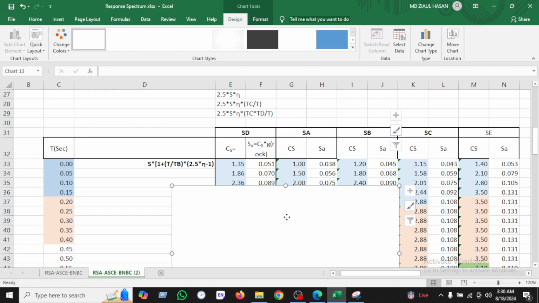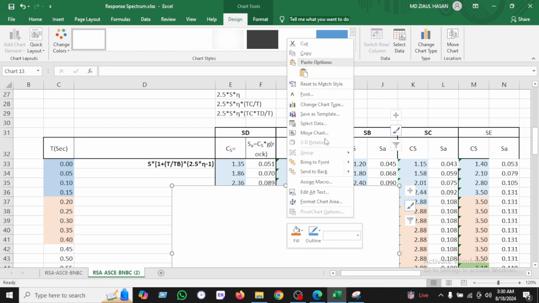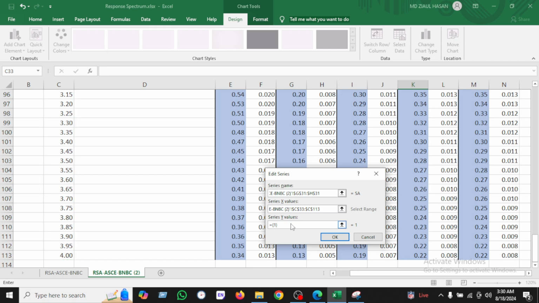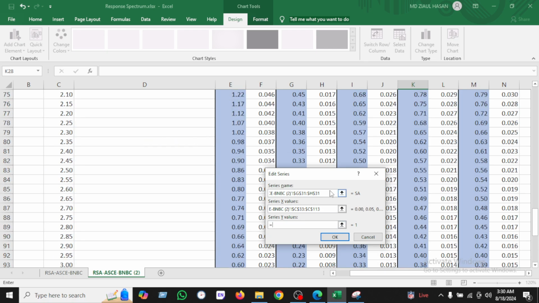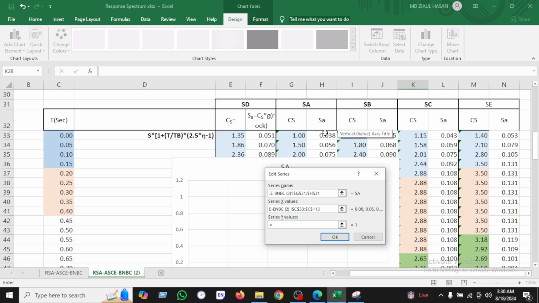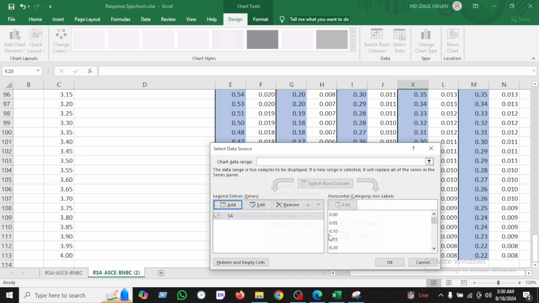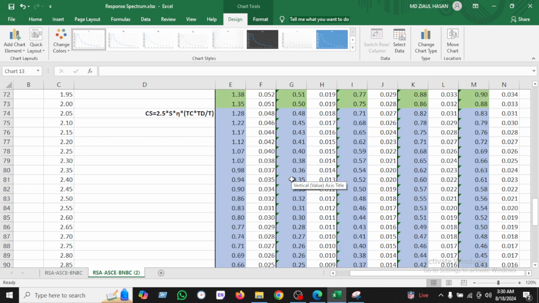Okay, so I want to draw SA versus time period. Click enter and put the series name SA. The X value is time period up to 4 seconds, and Y will be SA. SA means the spectral acceleration. So this is the value.